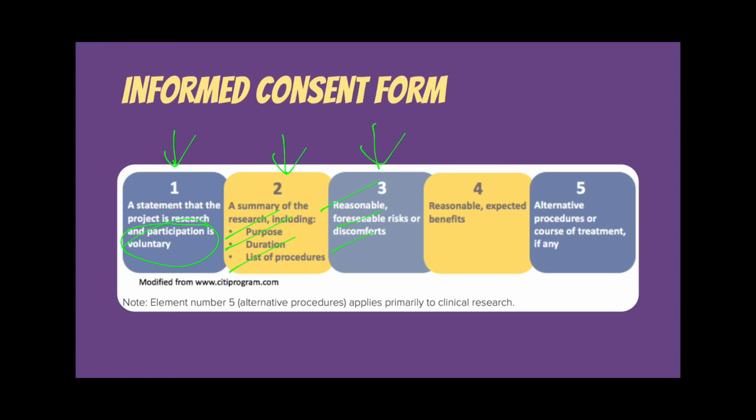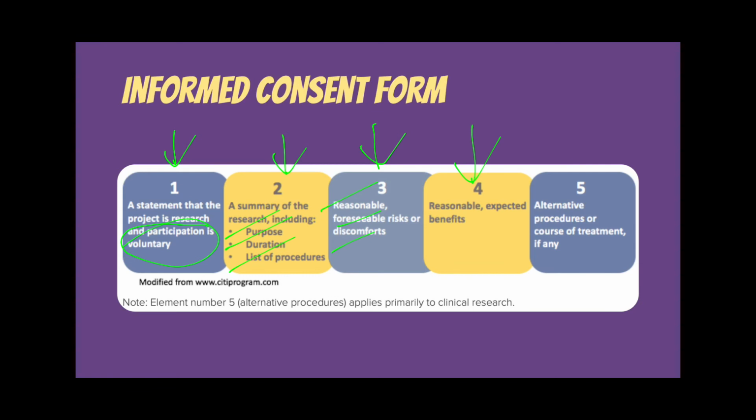And while you are explaining the risk, you also have to explain the researcher's responsibility just in case something happens to the participant, so that the participant knows whether or not the researcher is going to be responsible or take care of them just in case something happens to them.